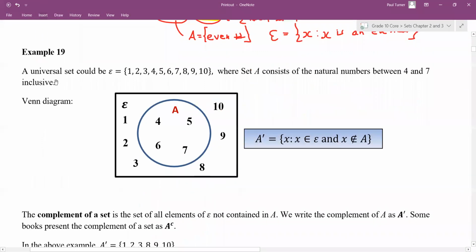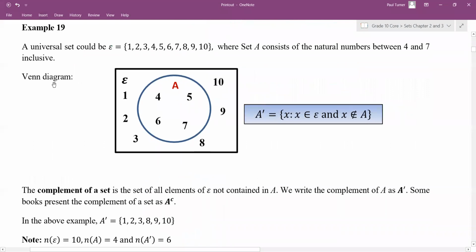Okay, example 19. It's 19 because it's going on from section 1, which I didn't give to you. That was when we did it by video. Okay, so here's a universal set. It could be the numbers 1 to 10, where set A consists of the natural numbers between 4 and 7. So this is your set A here, and the natural numbers, so that should be inclusive.